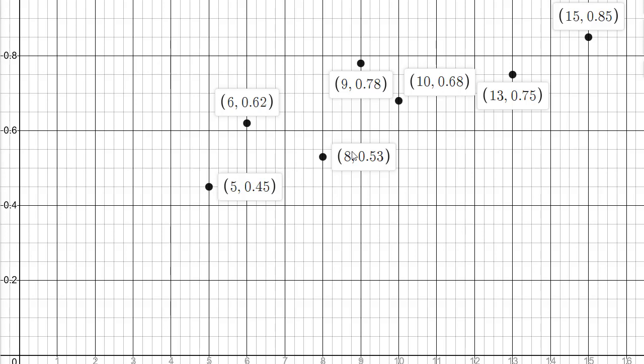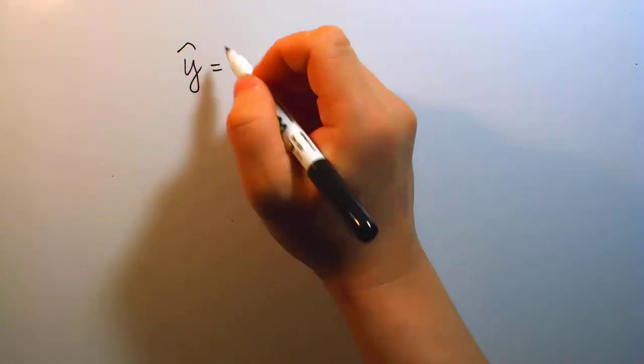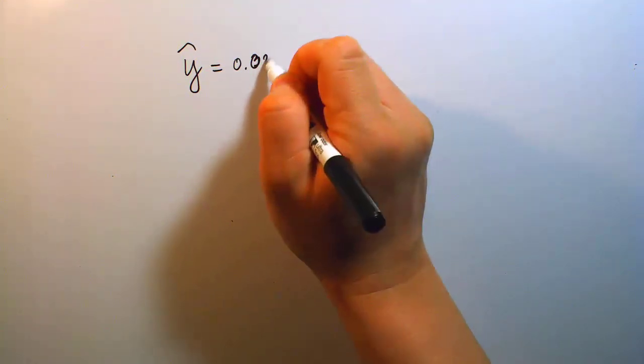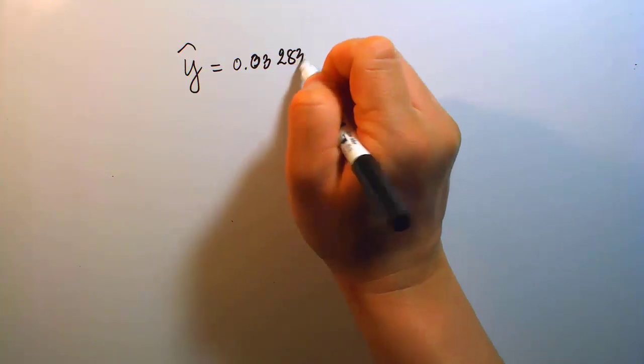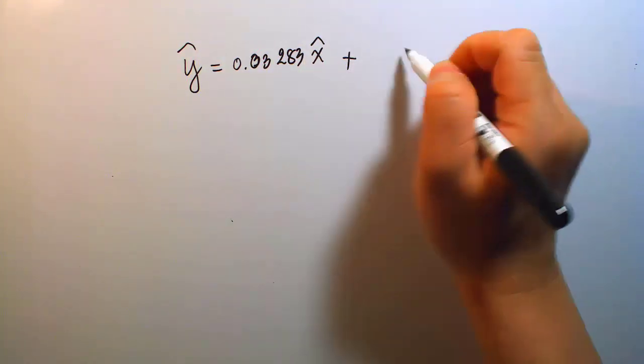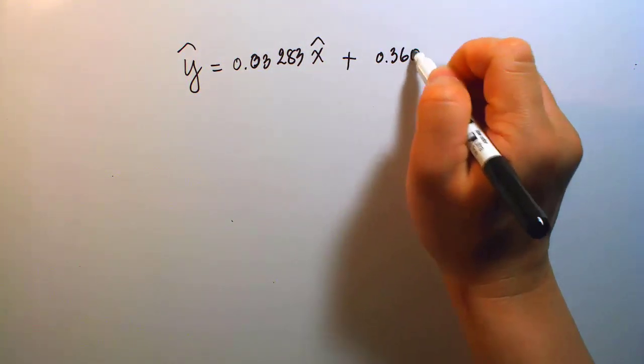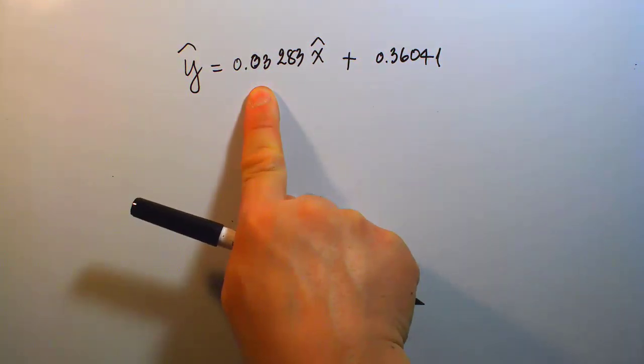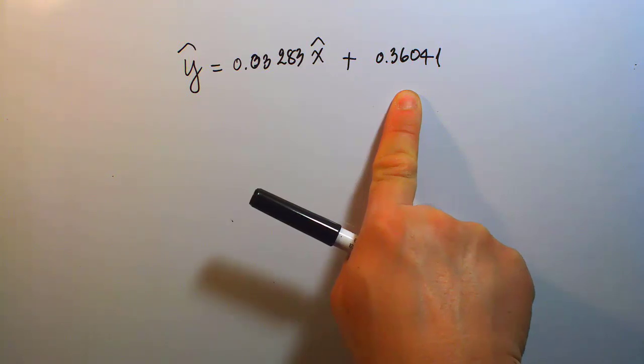So these are the scatter points. Now the best fit line equation that I already calculated is 0.03283 x hat plus 0.36041. And I remind everybody that I used these values that I obtained through the formula.